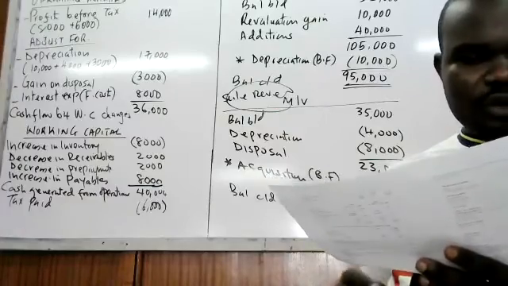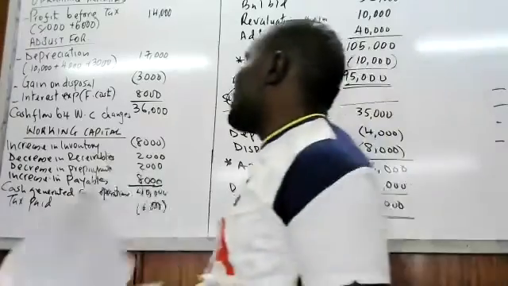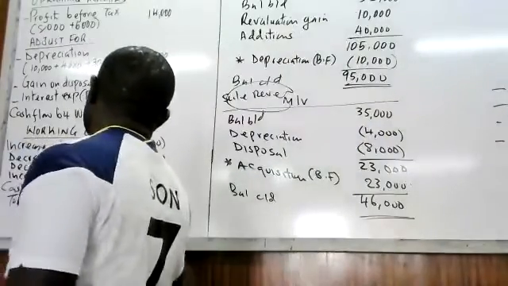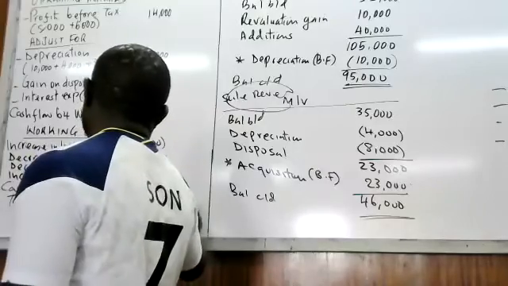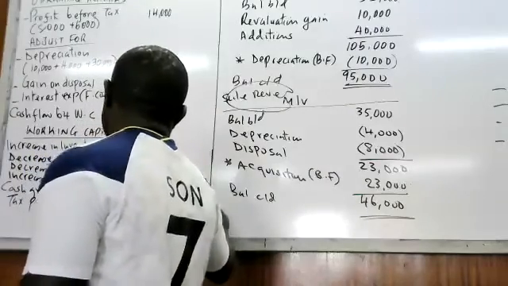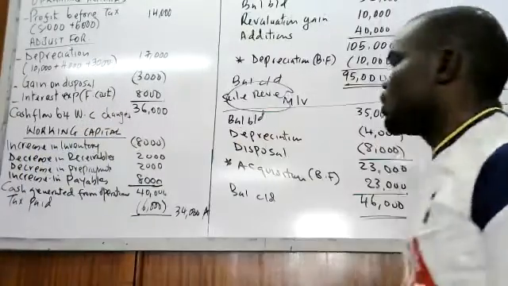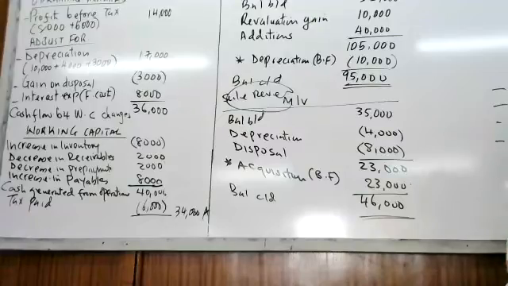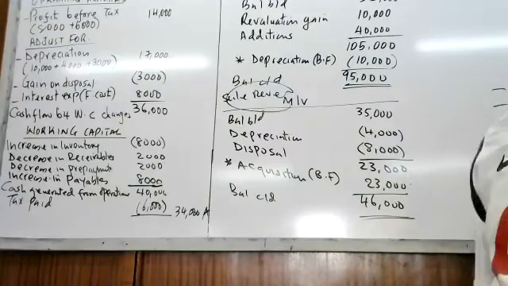How much is this? 34. Call it A. Then we go to investing.